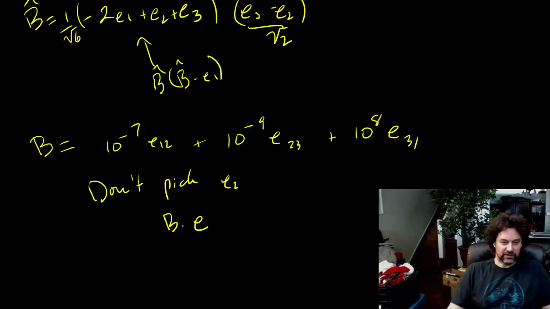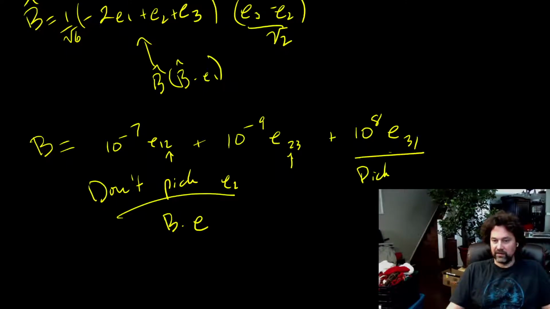We don't want to pick E2 because all of the contributions of E2 here are going to be extremely small, and you'll end up with something numerically ill-conditioned. So what you want to do is pick E3 or E1 as factors, and compute the projection of that.